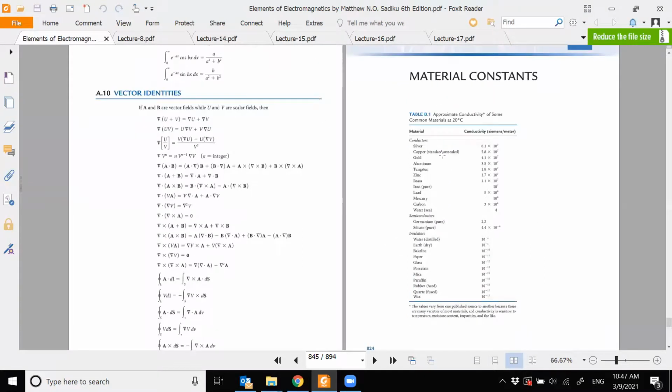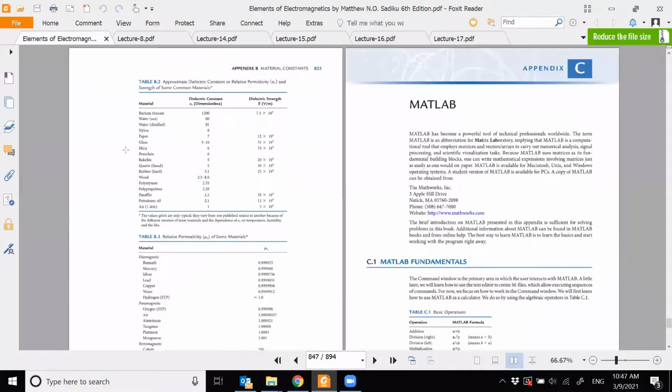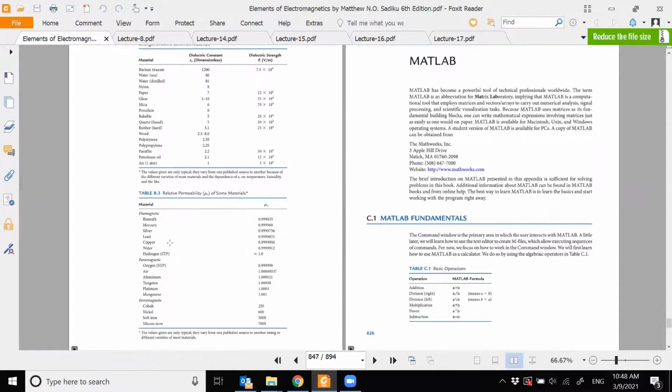So we know it very well. Metals like silver, gold have very high conductivity, but insulators have very small conductivity. See here, it is 10 power minus 11, minus 12, and here it is 10 power 7. Similarly, relative permittivity varies. It goes from 2, 3 to even up to 80 for various materials. And for the relative permeability, we know it very well.